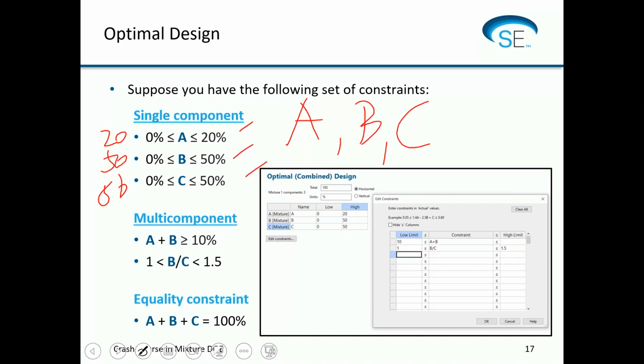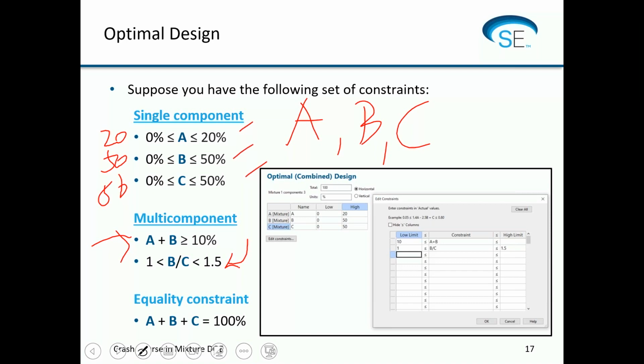However, I also have a multi-component constraint here, which says that A plus B must be at least 10%. So I can't have A and B at 0. The sum of them must be at least 10%. And next, I also have what I call a ratio constraint, meaning the ratio of B to C must be between 1 and 1.5.